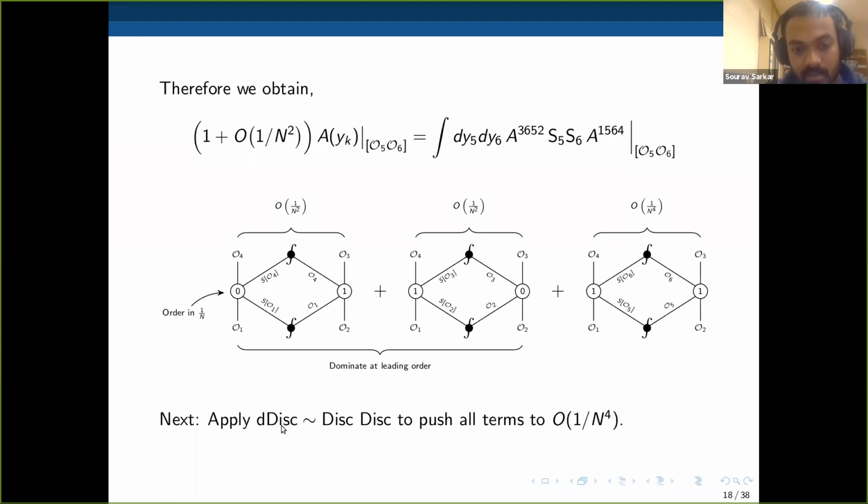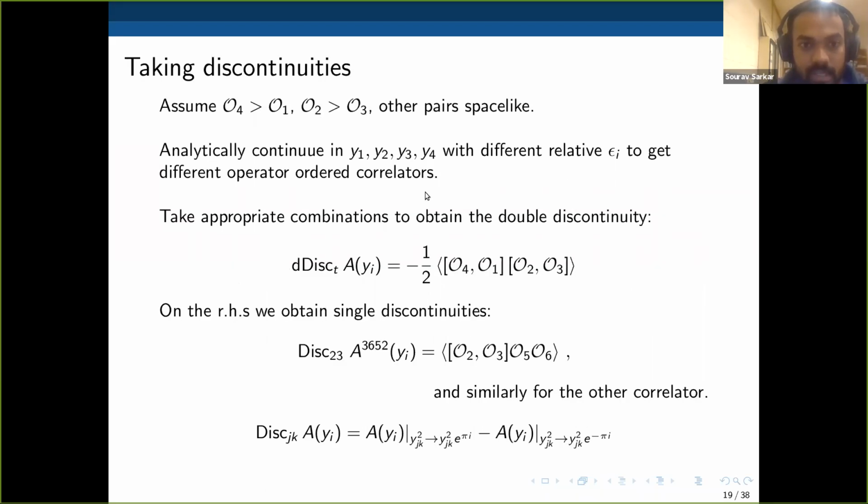So we will apply the double discontinuity to push all the terms to order 1 over n to the 4. In order to take the double discontinuity, let's assume a certain kinematical configuration, where O4 is in the future of O1 and O2 is in the future of O3. Then we can Wick rotate these points with different relative values of epsilons, and we get four orderings, which we can package into this double discontinuity.